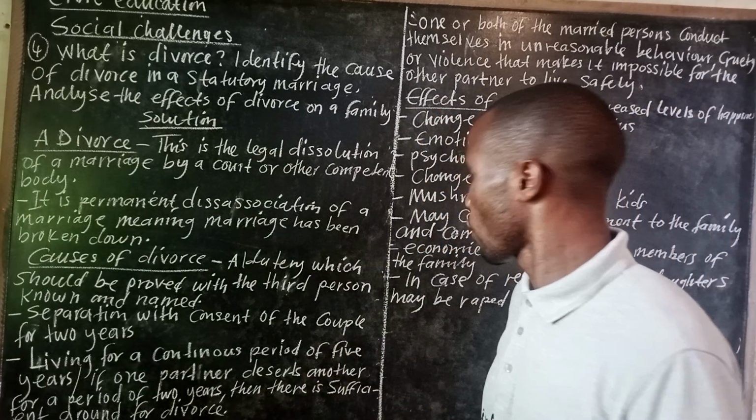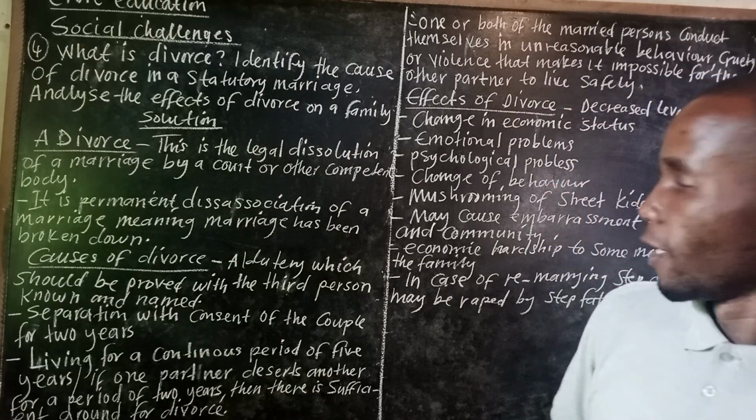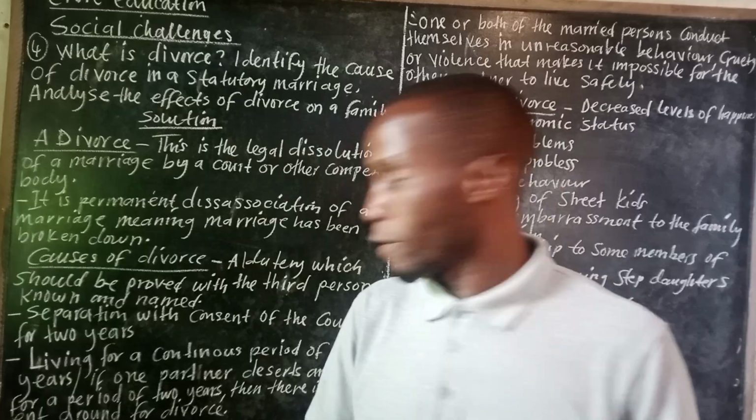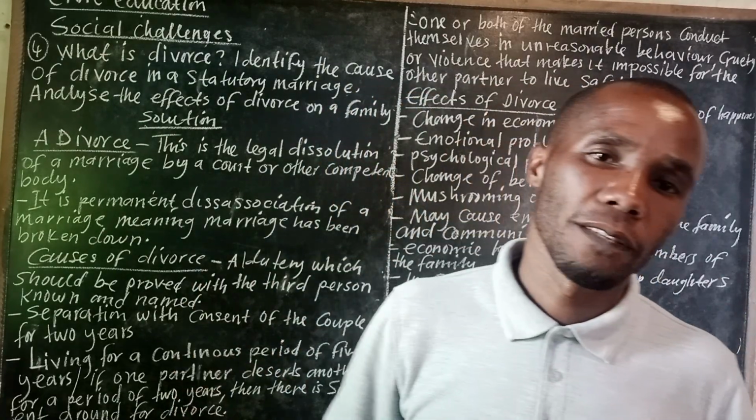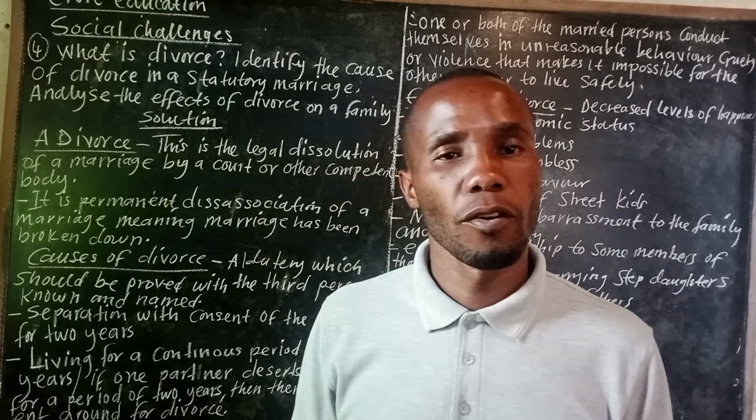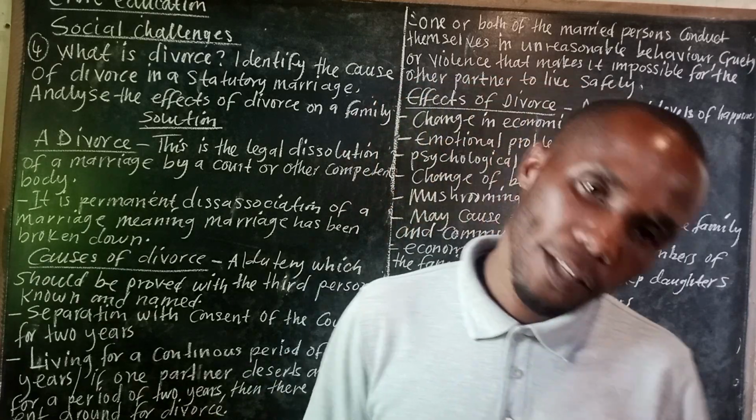Then we go to the next point: separation with consent of the couple for 2 years. This is a situation where you are married, then you just decide, maybe because of problem A and B, that for now, let us be on separation.